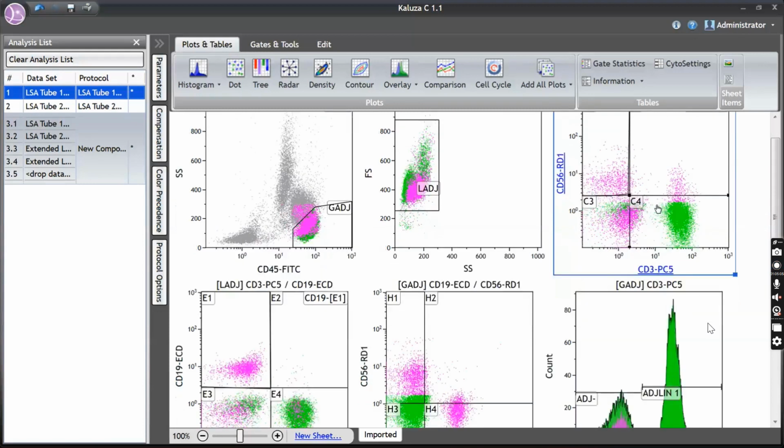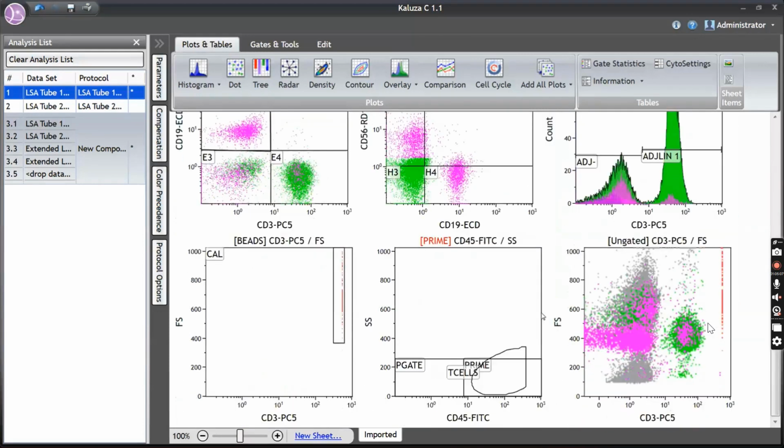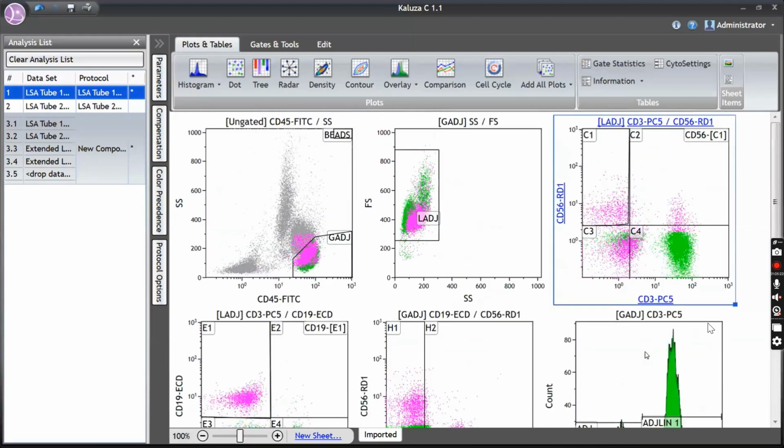He fixes the gate, and whatever population comes, the values come in a tabular column saying CD3 is so much, CD4 is so much, CD8 is so much, 19 is so and so, 56 is so and so. And you just enter the values and give the report.